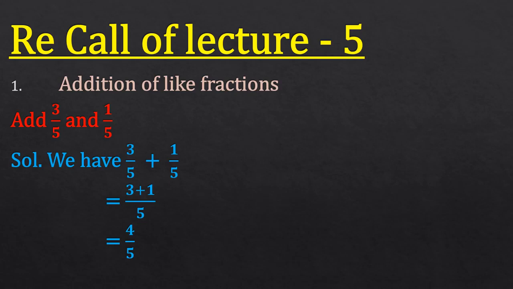In this, denominator is 5 in both the fractions, so these are like fractions. So we will add only their numerator, it is 3 plus 1, and write down denominator same once, that is 5. So it's 4 upon 5.